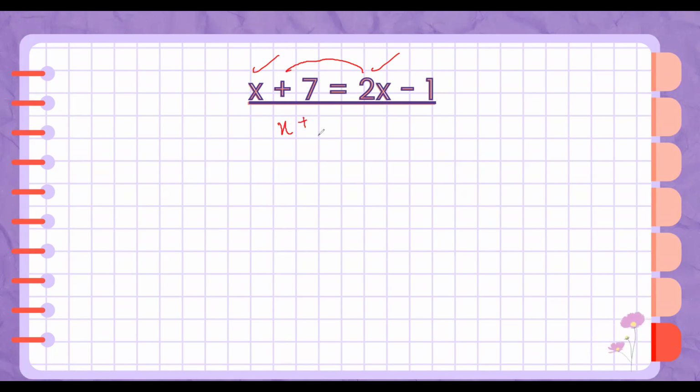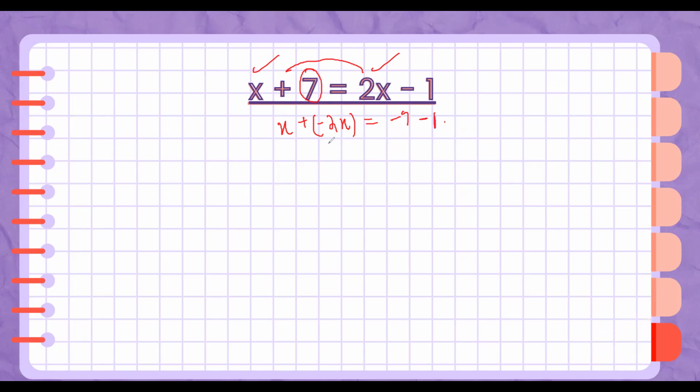So x plus minus 2x gives you minus 7, because the plus 7 on the left hand side will become minus 7 when it goes to the right hand side. So it will become minus 7 minus 1.